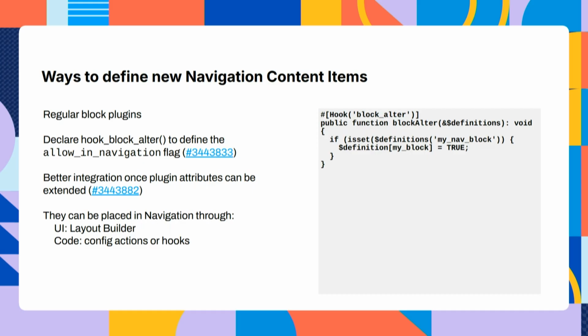So you only have the ones provided by core right now, that are the shortcuts, the menu, and the user links. But well, using that hook for now, you can modify any of your blocks already declared and set, for my block, the allow in navigation flag to true, and that would work for you.